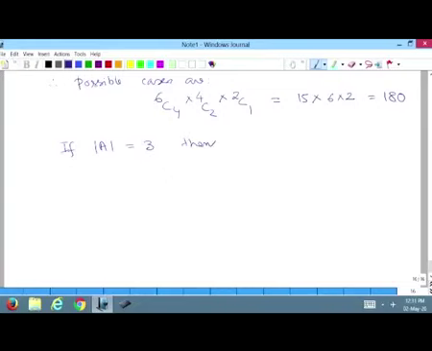Then cardinality of B has to be 2, and A intersection B should have only one element.